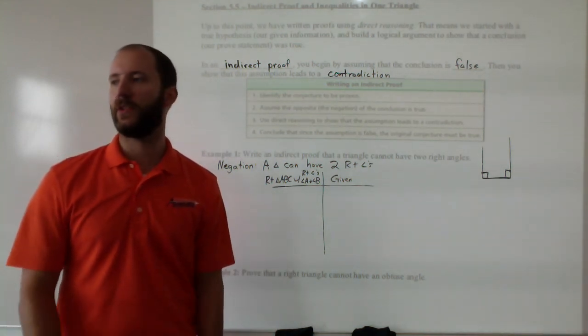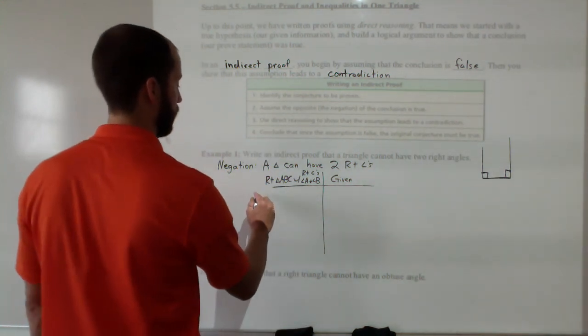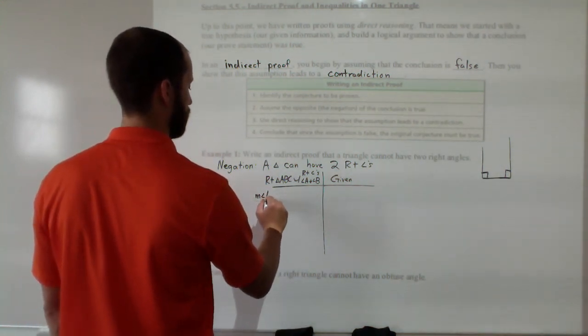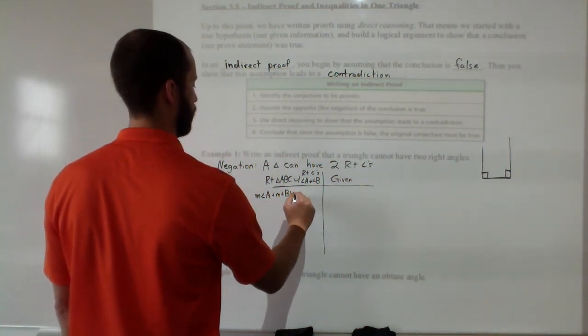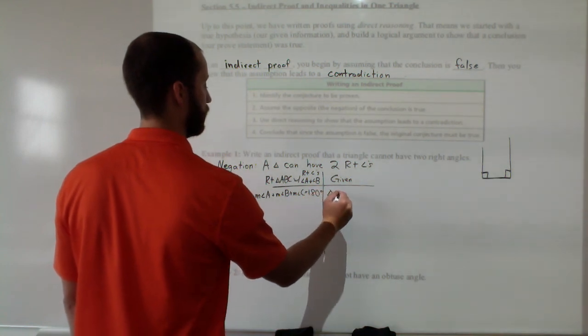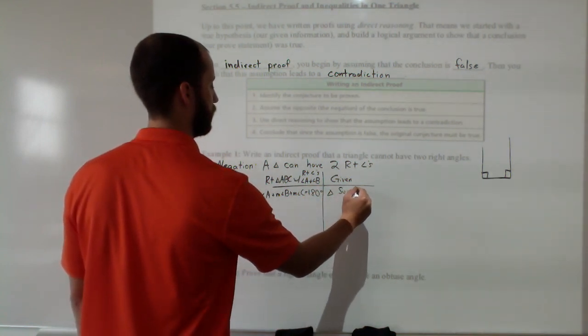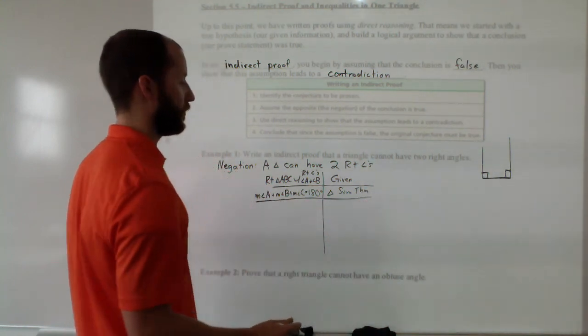Okay? If someone asks you, hey, what can you tell me about the angles in a triangle? Well, something that we know is that the measure of angle A plus the measure of angle B plus the measure of angle C equals 180 degrees. Triangle sum theorem.